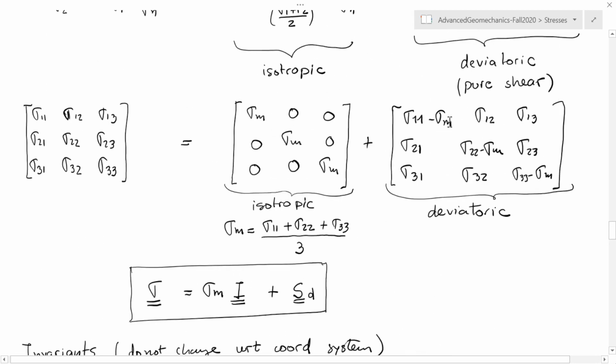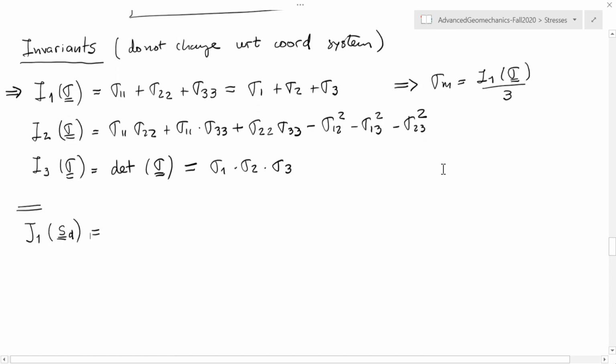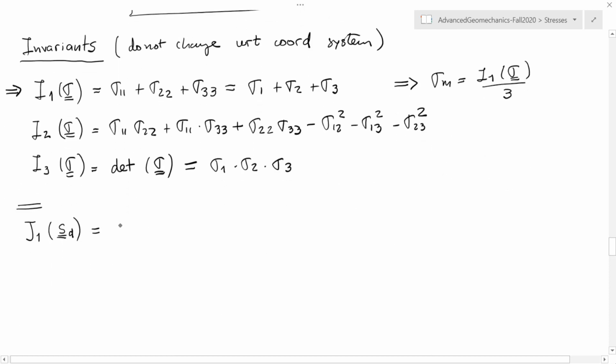But if we look at the matrix, you can see that if we add sigma 1,1, sigma 2,2, and sigma 3,3, that's going to be equal to 3 times sigma m, and 3 times sigma m minus 3 sigma m is going to be 0. So the first invariant of the deviatoric stress tensor is going to be equal to 0.